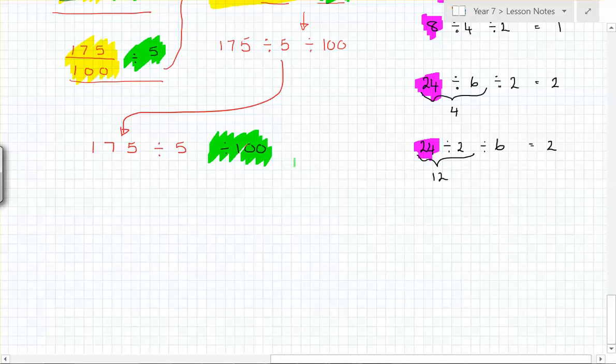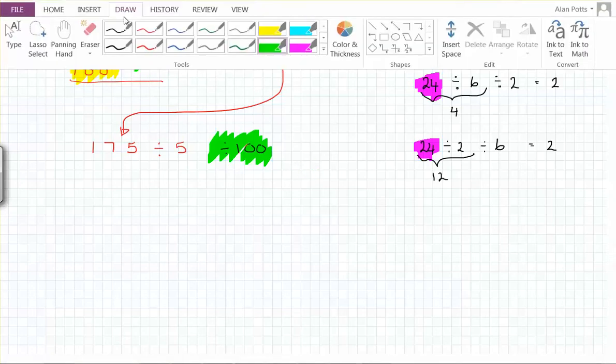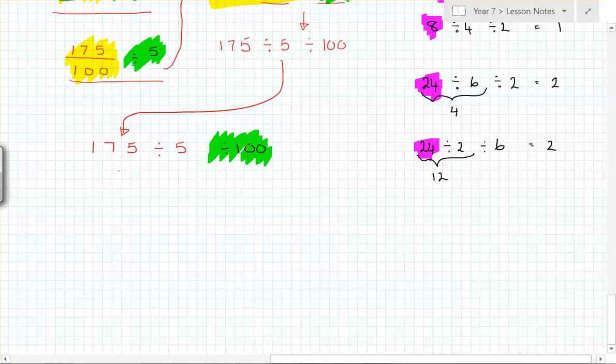Because now, instead of doing 175 divided by 100, I can do 175 divided by 5 and then divide by 100. So we can all do 175 divided by 5. It's not a decimal. We know how to do it. 5's into 1, 0. 5's into 17, 3.